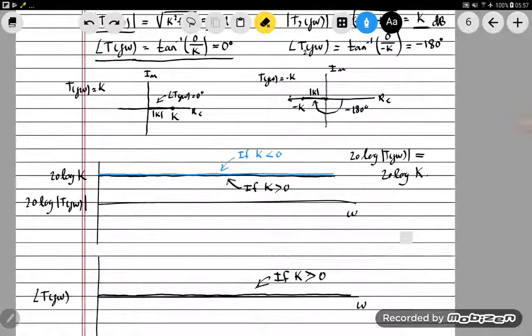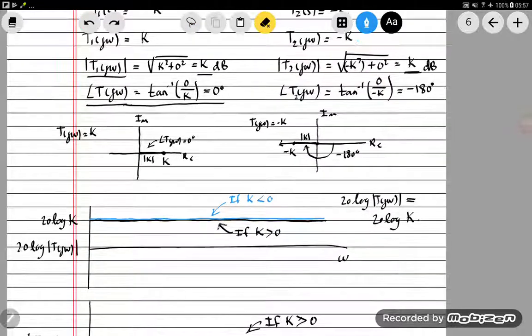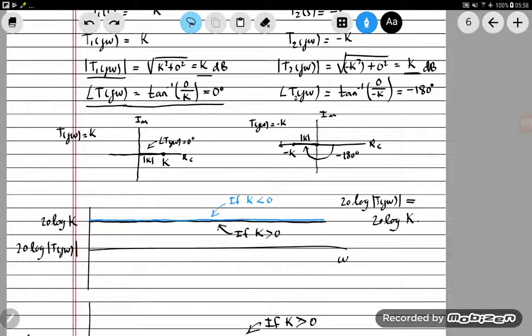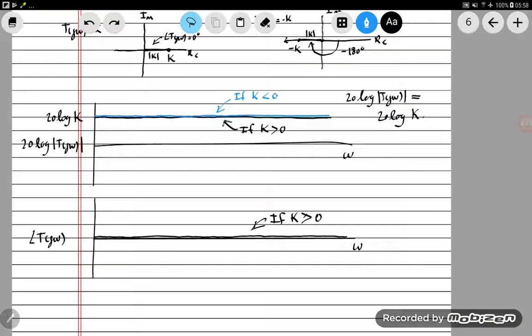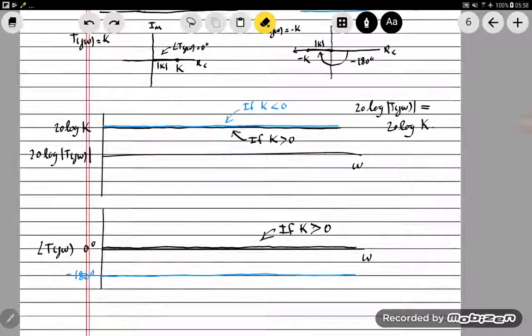And if we look at what the angle is when it's a negative K, we see it's negative 180 degrees. And that completes the magnitude and phase plots of the first type of transfer function that we consider.